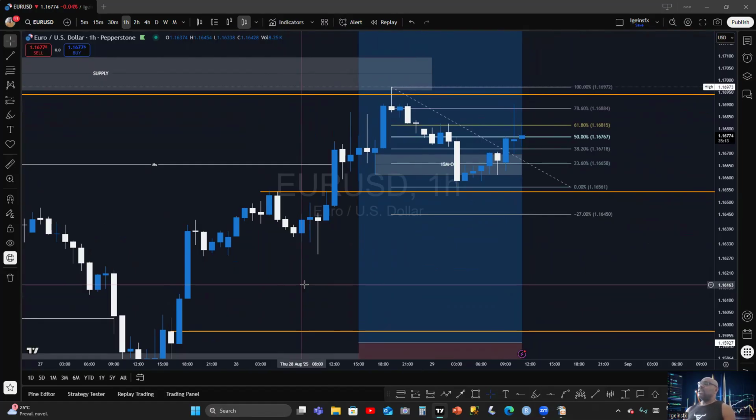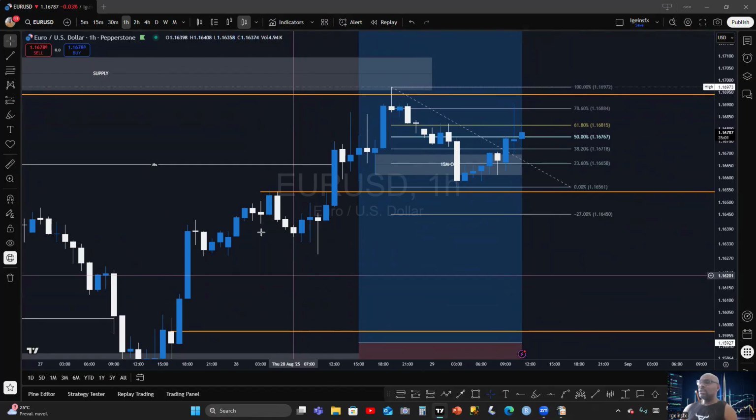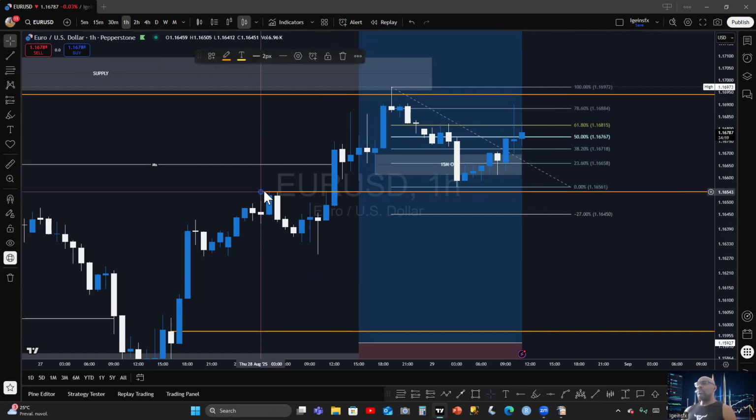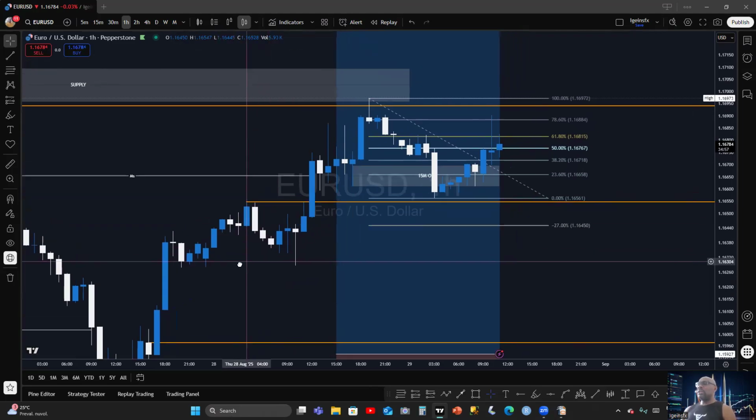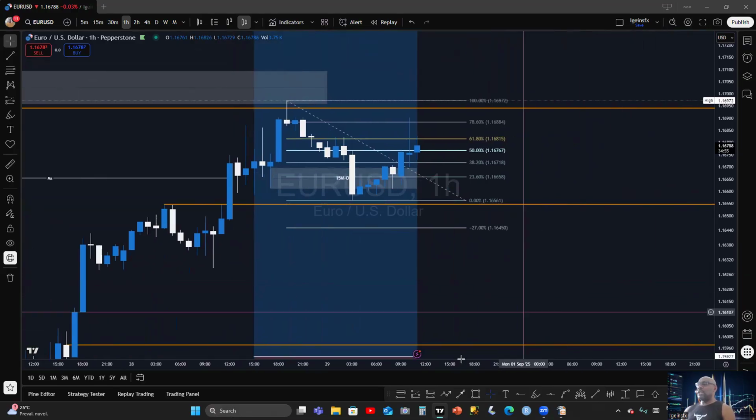Then you create a demo account. The demo account is free. You don't need to put in money. Your broker will drop money inside that you'll be using to practice. The only thing is that you will not be able to withdraw it. It's not your money. It's just a demo.